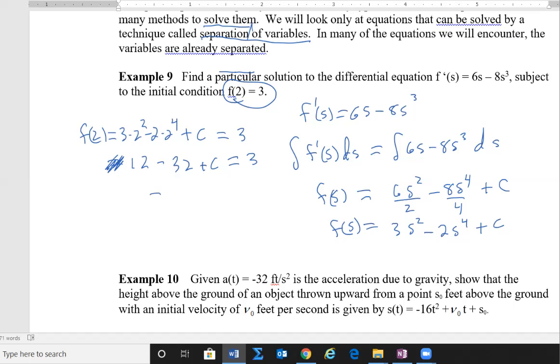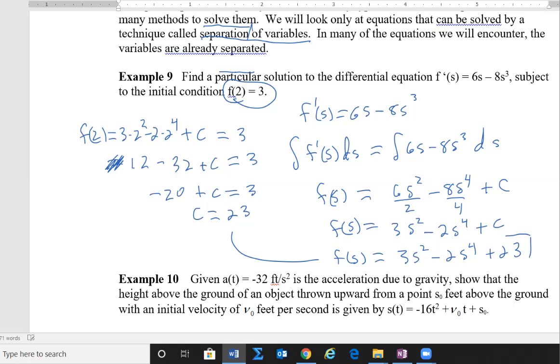Negative 20 plus c equals 3. So c must equal 23. That means that finally, back down here, the function that satisfies this differential equation looks like this. This is our solution to the differential equation.